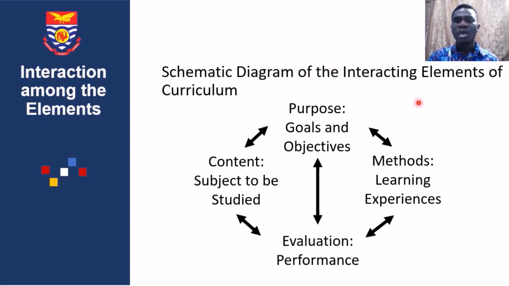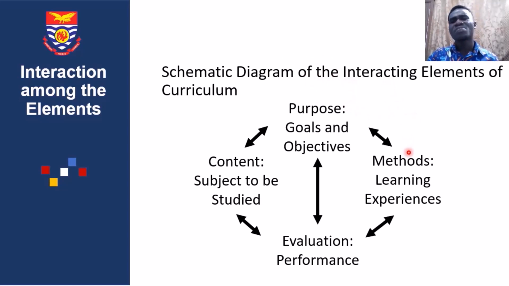And then we have double-headed arrows moving through. What it means is that we can decide to move from the left or to move from the right. So let's take one side, moving in the right direction. So we have the goals and the objectives.